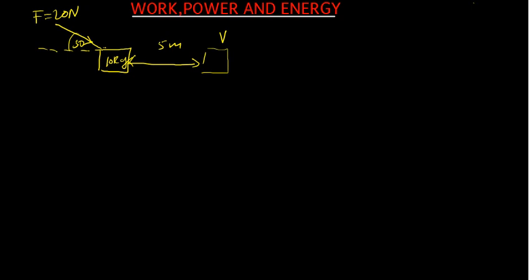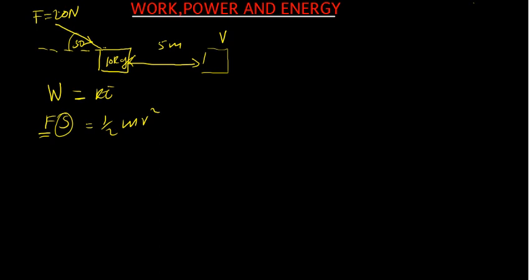Now, all we need to know is we've already derived that work is given by kinetic energy. Work is the same as kinetic energy. And you know that work is force times displacement, and kinetic energy is half mv squared. So the applied force, remember we said force should be in the same direction as the displacement. So this force is going to be broken into the component that is going in the same direction as the displacement.